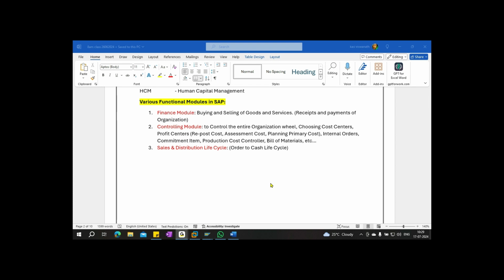Under cost and profit centers, we have multiple sub-tools, like repost cost, assessment cost, planning primary cost, and repost controlling line item.